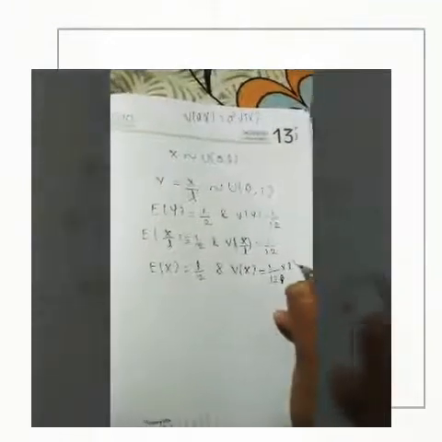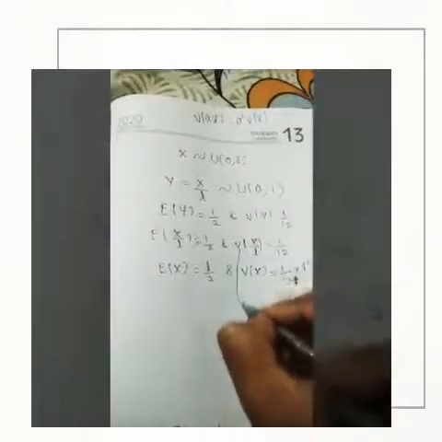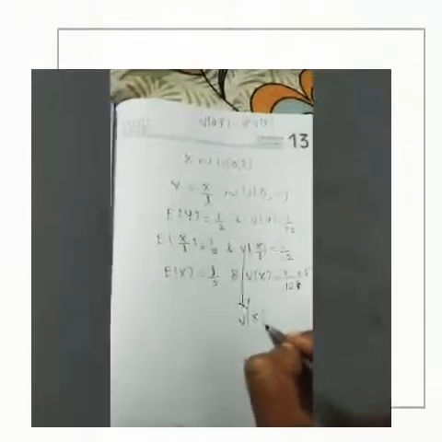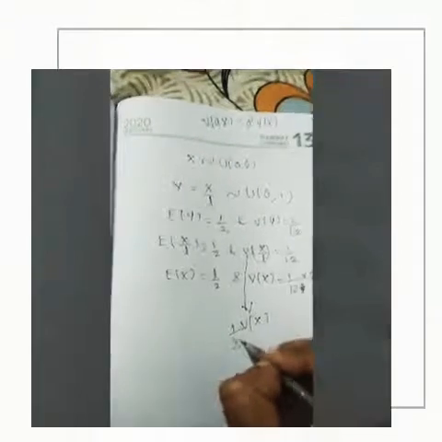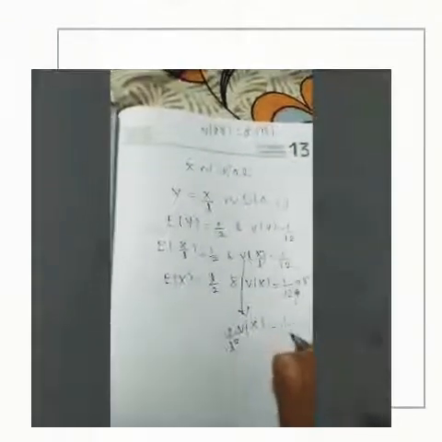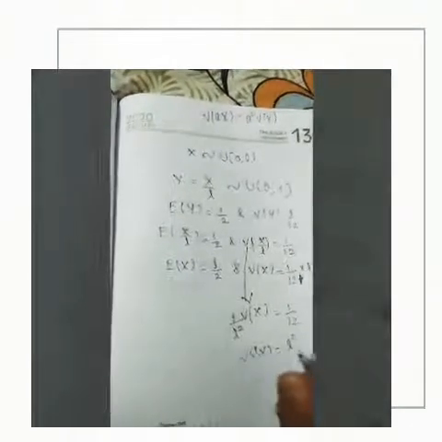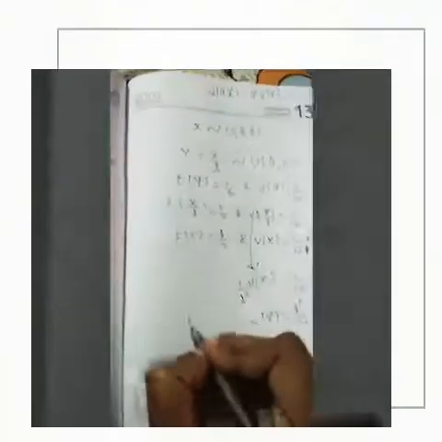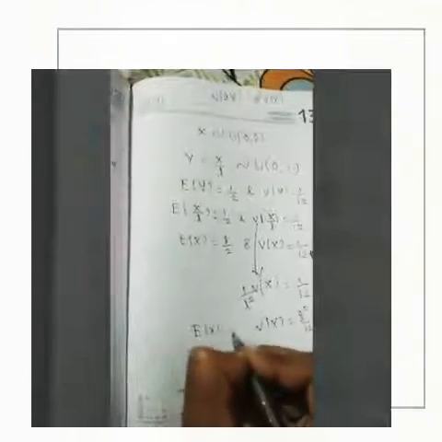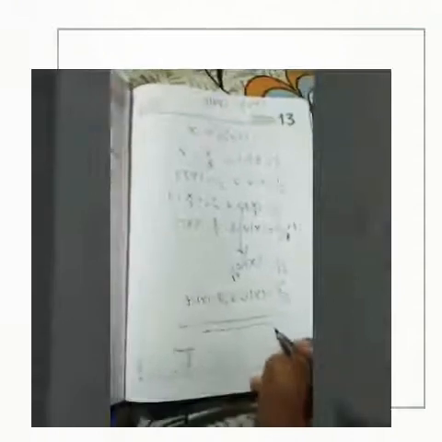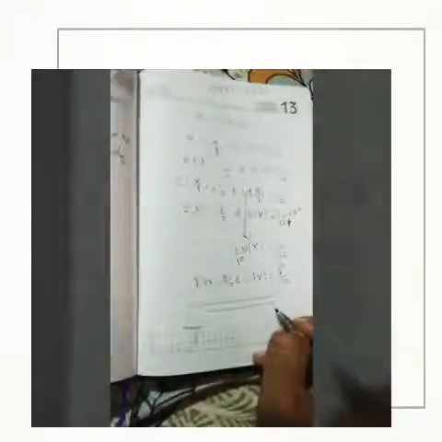Here we get 1 by L square into variance of x is equal to 1 by 12. So variance of x is equal to L square by 12. So we get expectation of x is equal to L by 2 and variance of x is equal to L square by 12. So in the given options, option C is the right answer. Thank you.